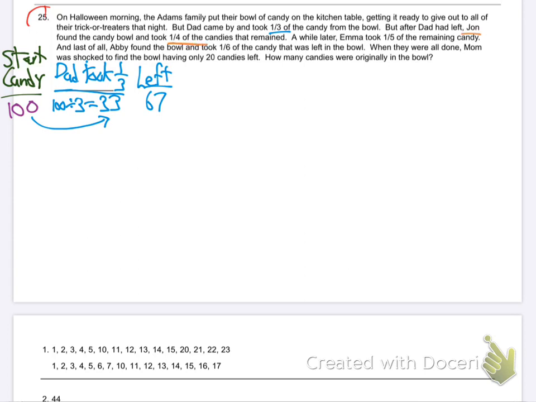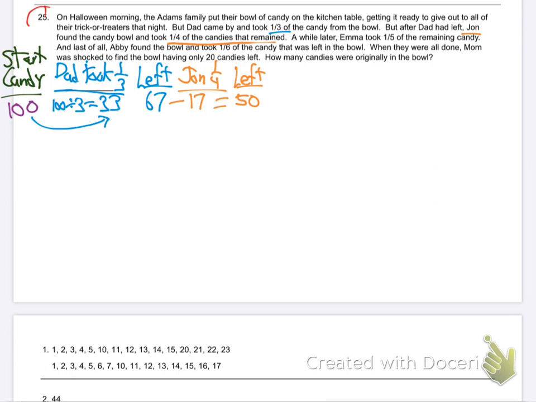He took 1/4 of the remains. So if you divide 67 by 4 on your calculator, you get a decimal, 16.75. I'll just round it to 17. What's left after John, if you subtract that, there'll be 50 left.